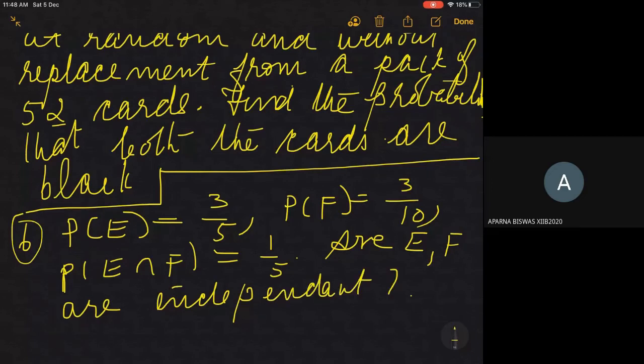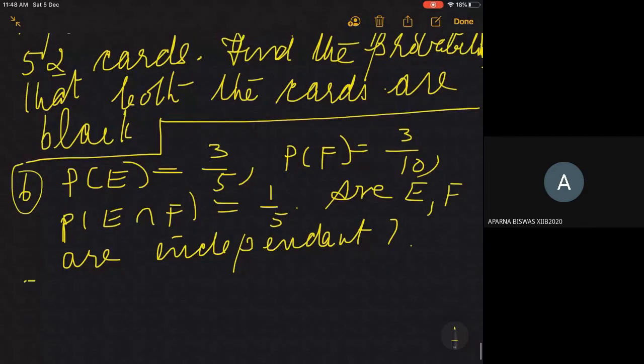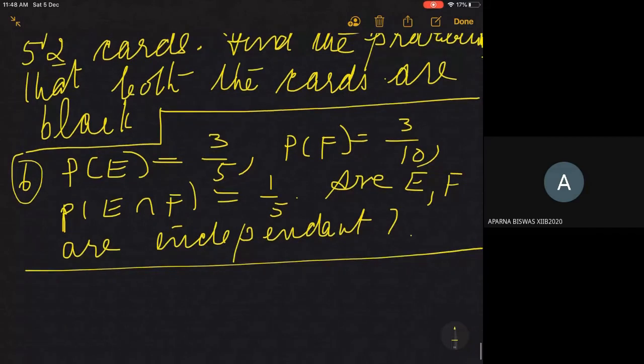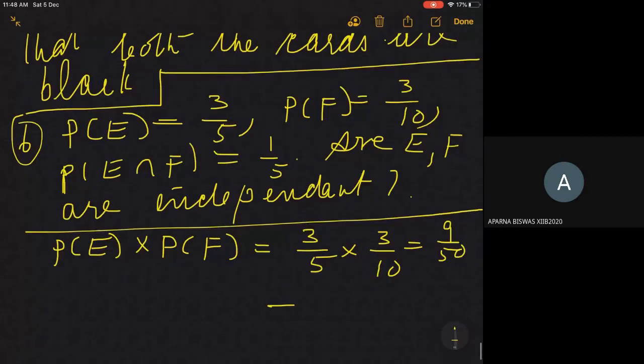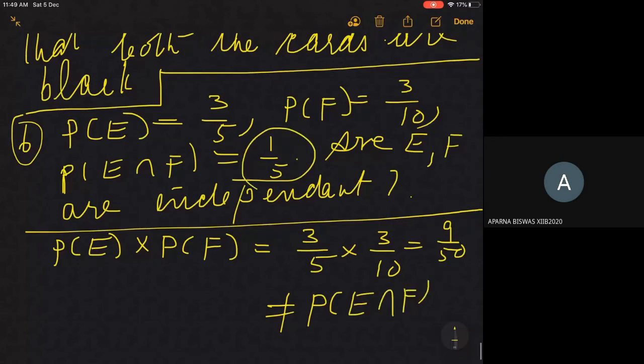Very simple one. The checking of independent events is by using the formula P of E intersection F equal to P of E into P of F. So you find out P of E into P of F, which is equal to 3 by 5 into 3 by 10, which gives us 9 by 50, and that is not equal to P of E intersection F because it is given P of E intersection F as 1 by 5.